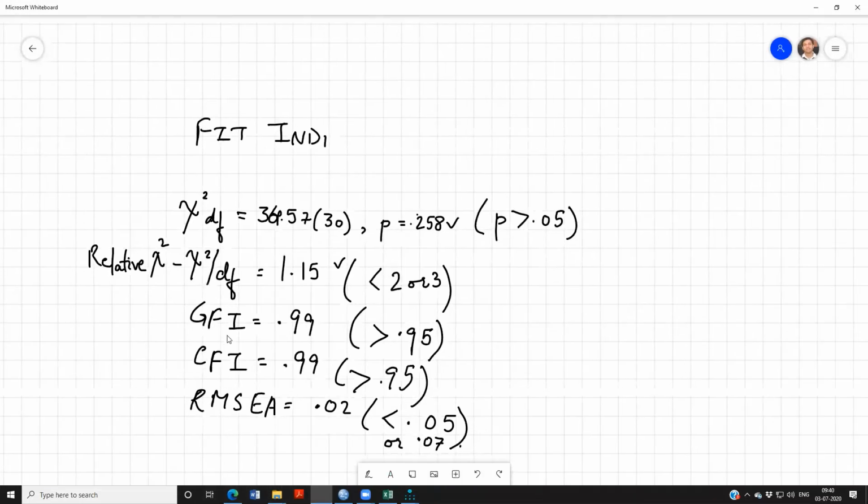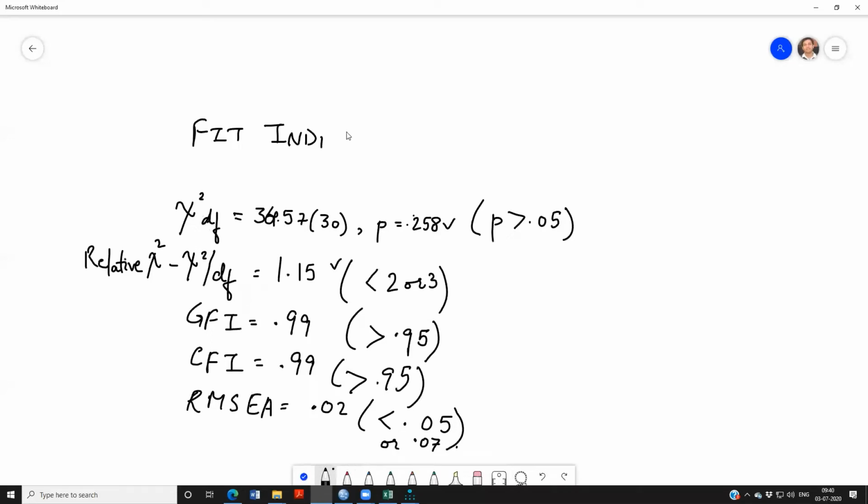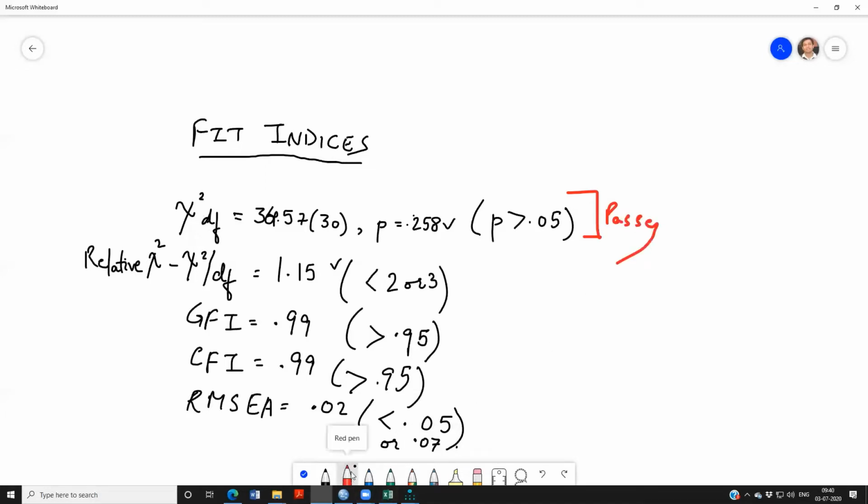You will see that whenever the chi-square passes, this is the most important. If this test passes, then you will see that all other tests will also pass.